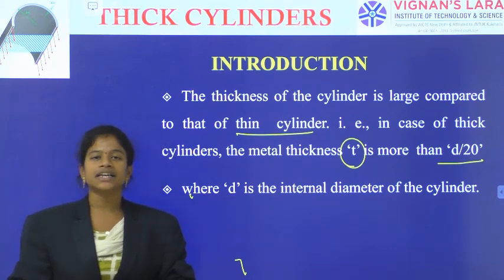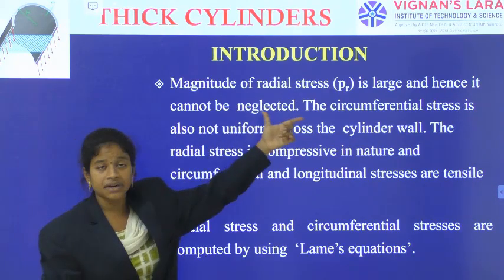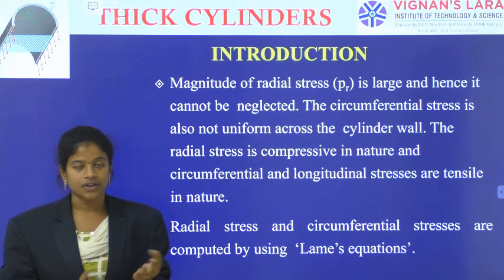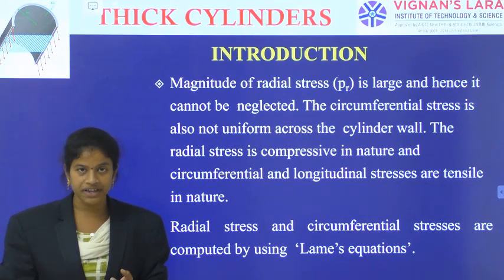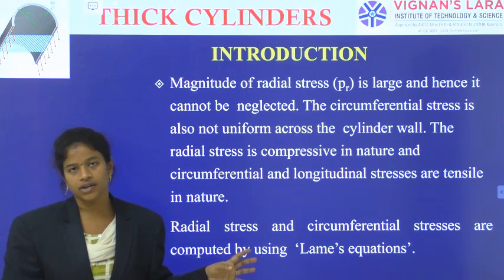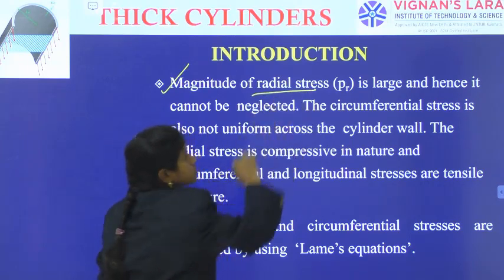For thick cylinders, we observe the magnitude of radial pressure is very large. So the radial pressure and the circumferential or hoop stress will be considered, as well as the longitudinal stress, but it is constant. Here the consideration of radial pressure is also involved.